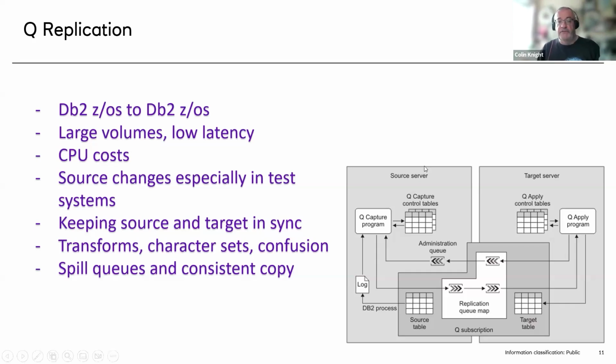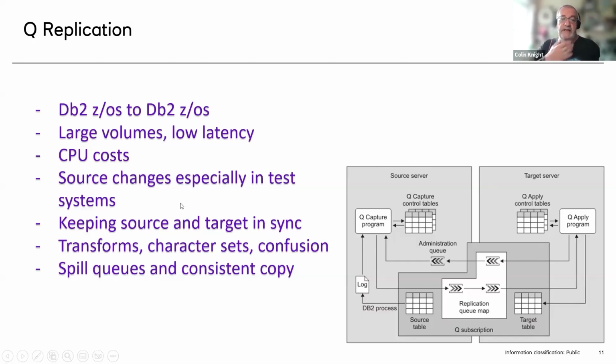And yeah, there's a lot of moving parts in here and a lot of things that could go wrong in MQ, potentially in networks, potentially in the DB2, producing lots of volumes of log changes to be analyzed by queue replication capture. So yeah, certainly it's not free for all those reasons.